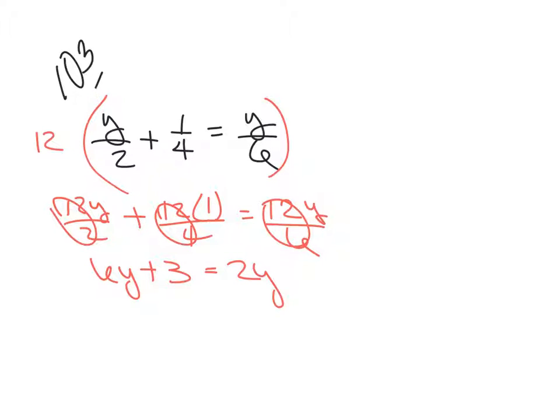In this lesson we're going to do something very similar, only we're going to allow you to have letters on the bottom. So, for example, if we did something such as n over n plus 2 equals 3 over 5.